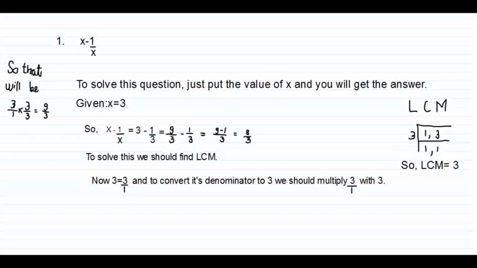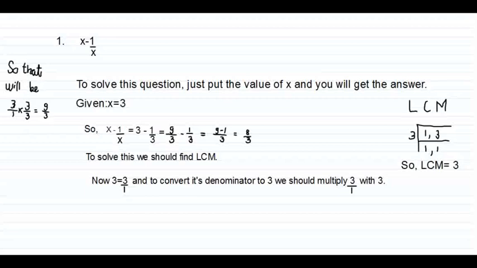So we have to find the LCM to solve this problem further. To find the LCM, we should reduce the denominator to 1. So the denominator of 3 is 1 and the denominator of 1 by 3 is 3. For this we should divide both of them by 3, so we will reduce them to 1. So the LCM is equal to 3 because 3 into 1 is equal to 3.